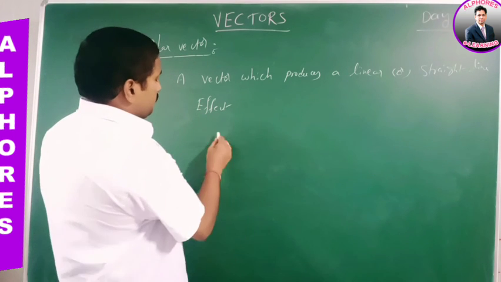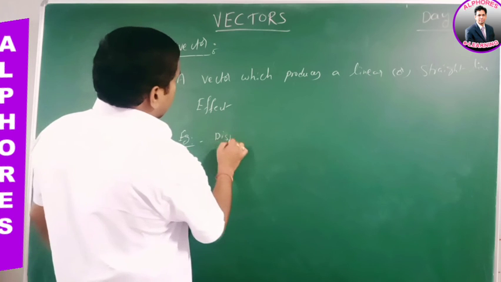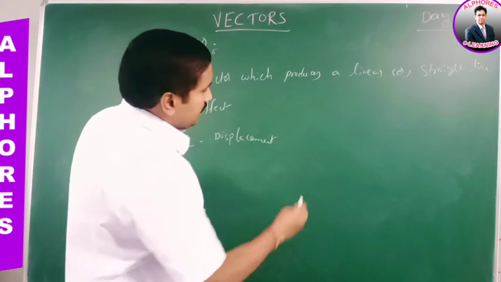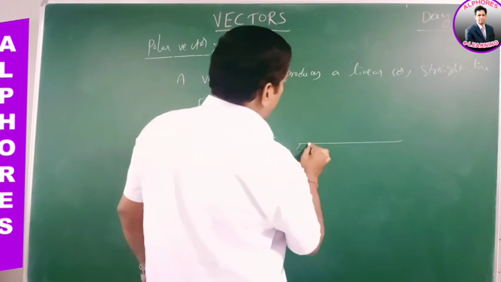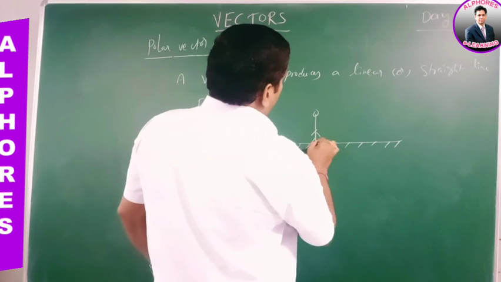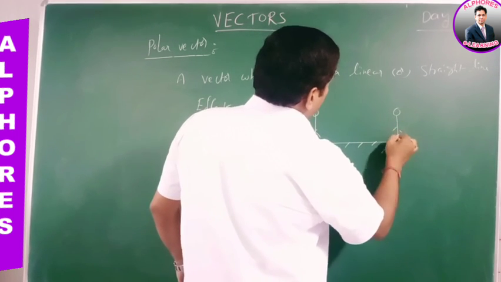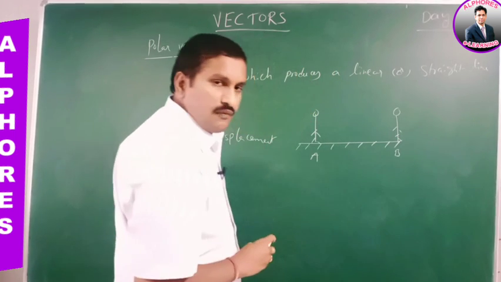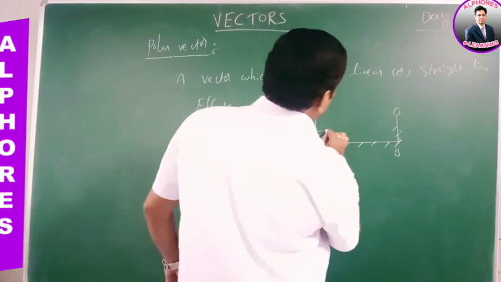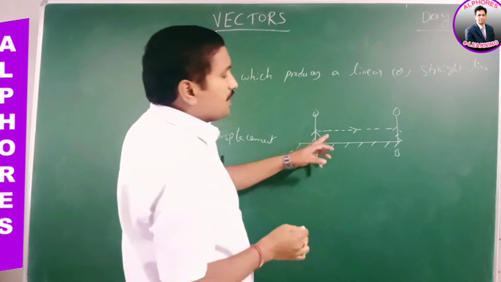For example, displacement. Listen carefully, I am giving one example for this. Suppose a person is traveling on the road from point A to some other point B, moving in this way along this road. That means this person has a certain displacement.